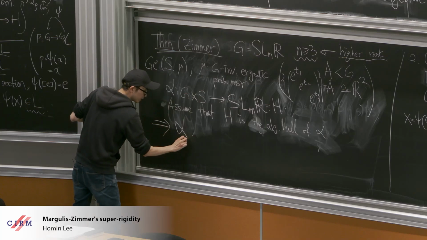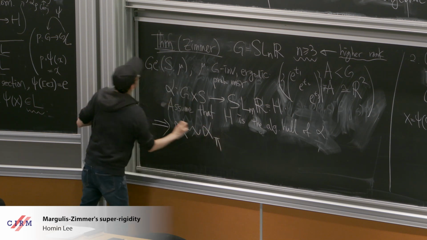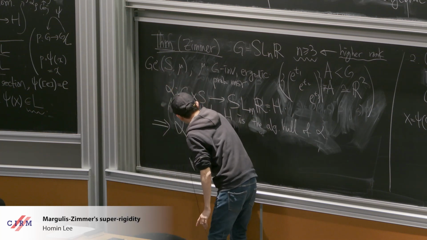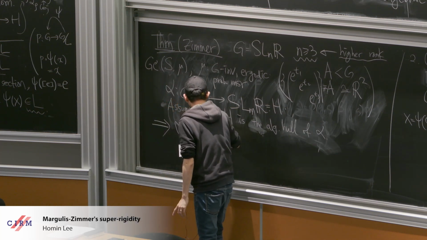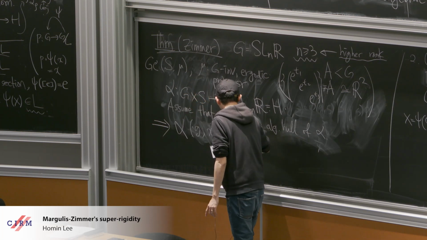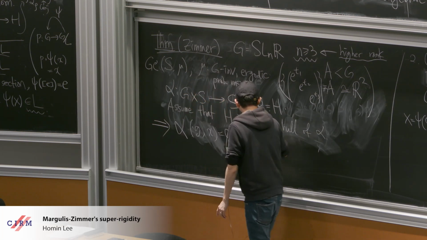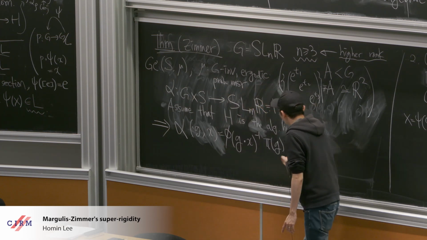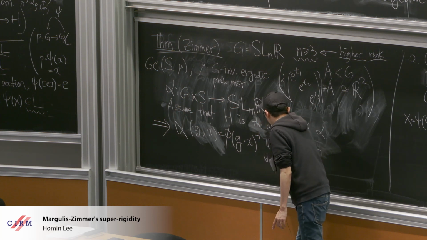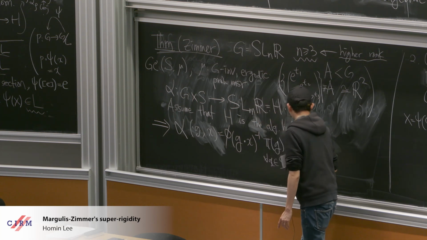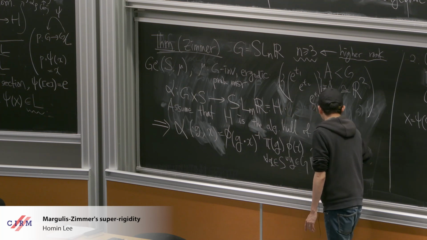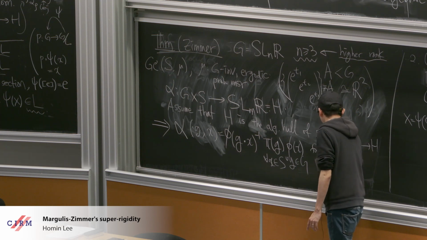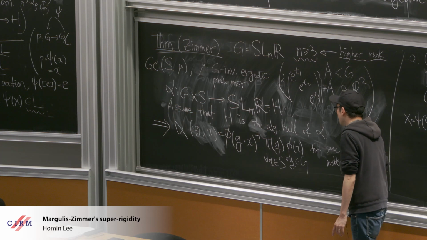Then alpha is cohomologous to alpha_pi, where alpha(g, x) is phi(g.x)^{-1} pi(g) phi(x) for almost every x in S and g in G, for some homomorphism pi from G to H and a measurable map phi from S to H.